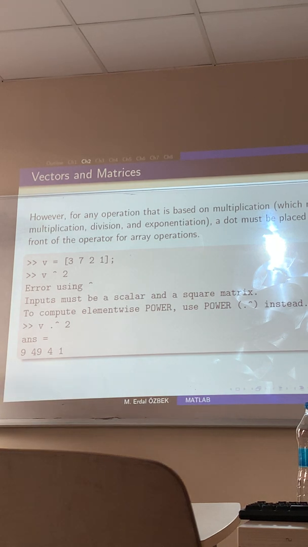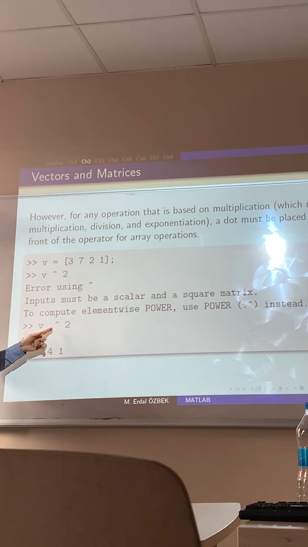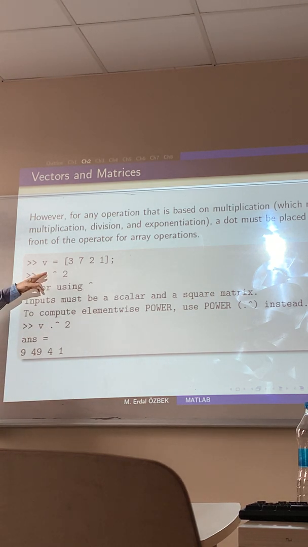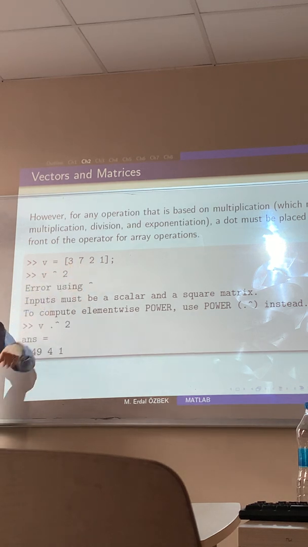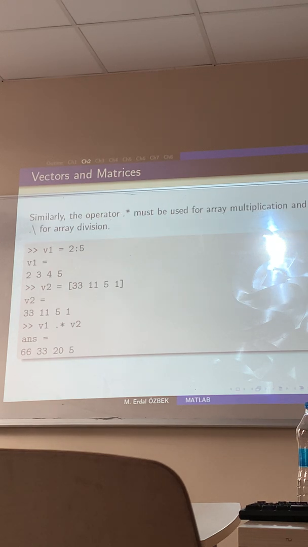So if you need a vector to get the power, you should put a dot here, because you are trying to find the square of every element. Every element is done by putting a dot. Otherwise, you would be working with the matrix form. It is the same for the dot star operation.